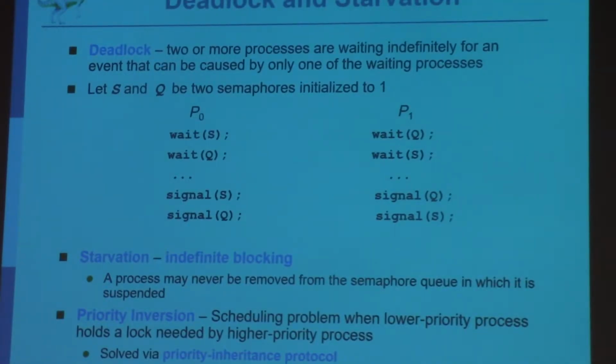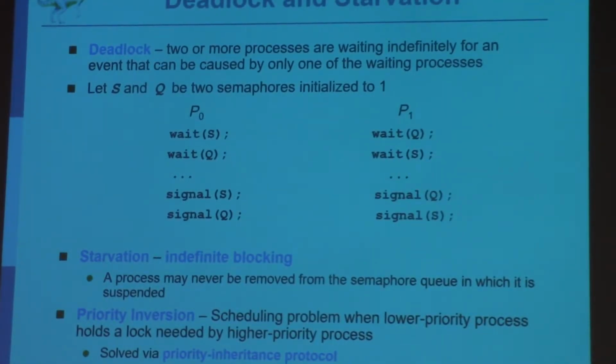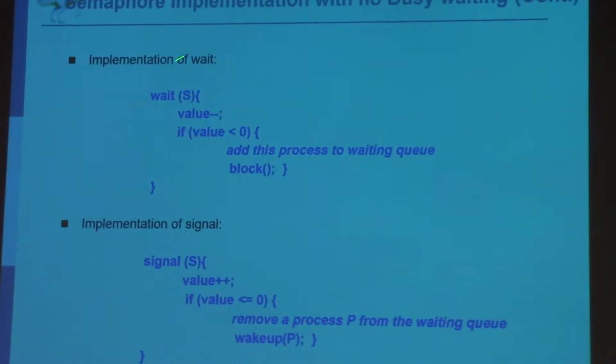We are going to use the process list as a queue structure. Then we can go through the critical section. So always, whenever we enter the critical section, wait and signal.